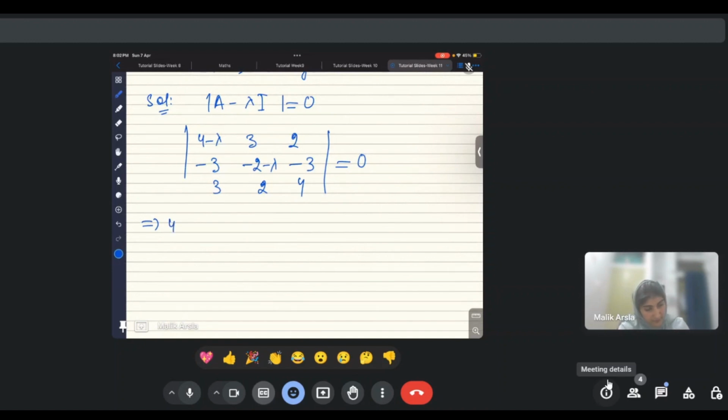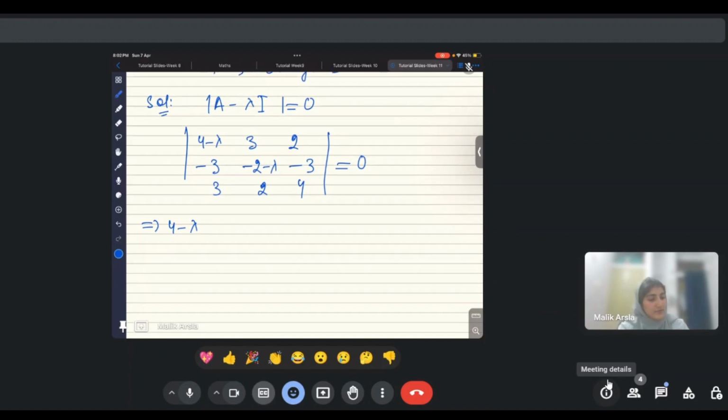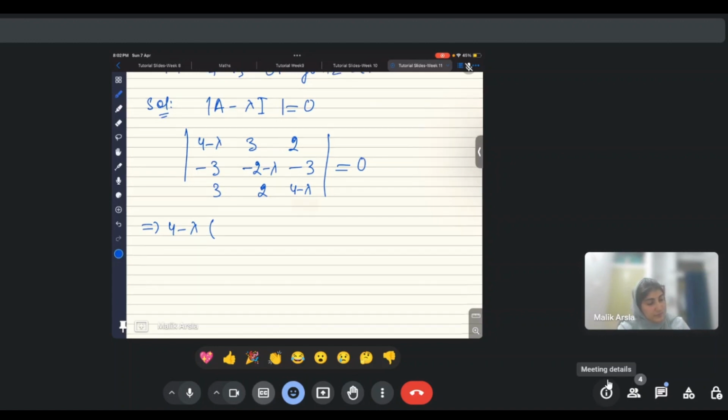4 minus lambda. Last line, last. Oh yeah, sorry. Wait, 4 minus lambda. It will be minus 2 minus lambda into 4 minus lambda.